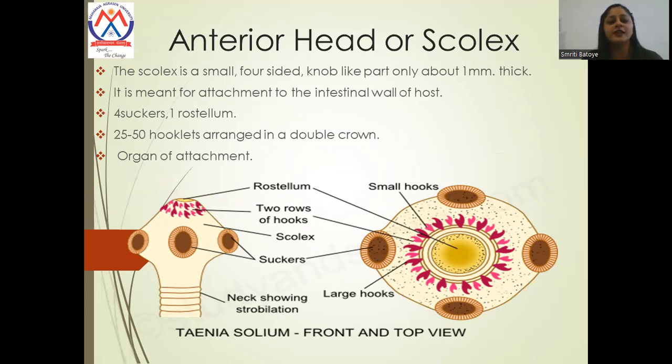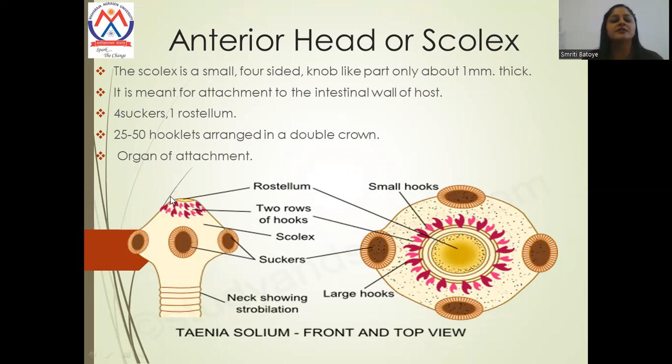In the case of Taenia solium, the anterior-most part is known as the scolex, which helps in attachment to the host. This scolex consists of 4 hemispherical suckers, and these are embedded with muscular structures. On the anterior tip of this scolex, there is a retractile organ known as the rostellum.